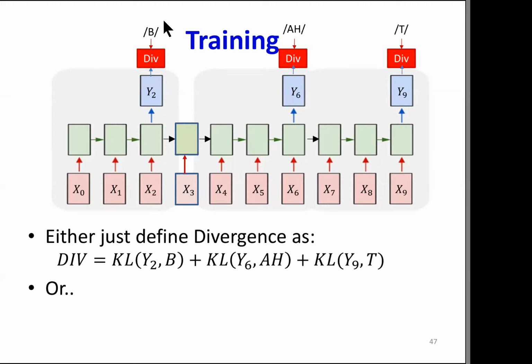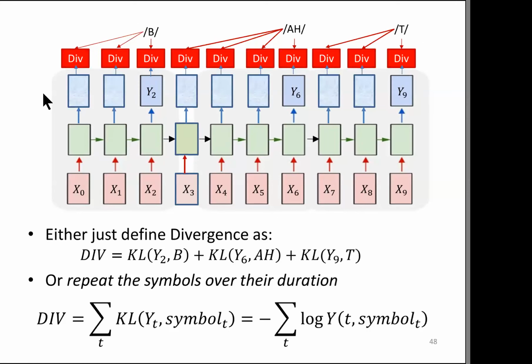You compute the divergence for B at 2, for R at 6, for T at 9. Or do the smart thing, you don't waste all of these extra outputs, and say that all 3 of these are B, all 4 of these are R, and all 3 of these are T. Now you have 10 different divergences that you can add, and this total divergence is what you would minimize when you train the network.